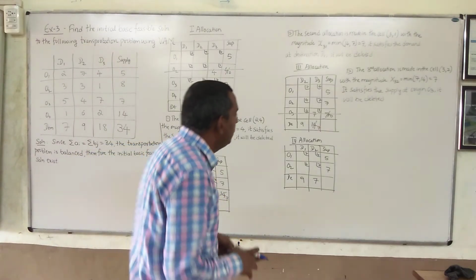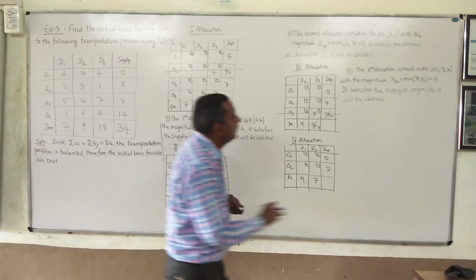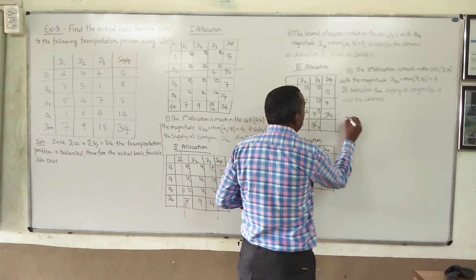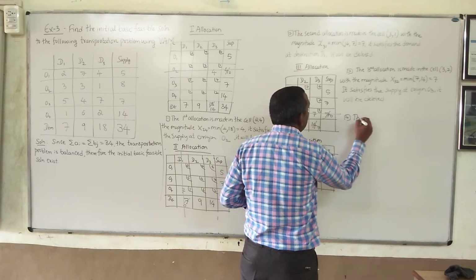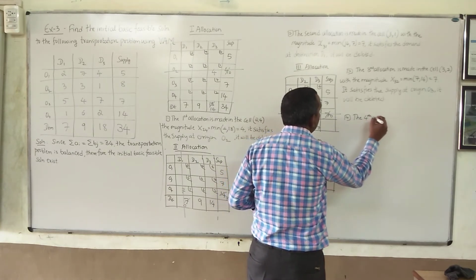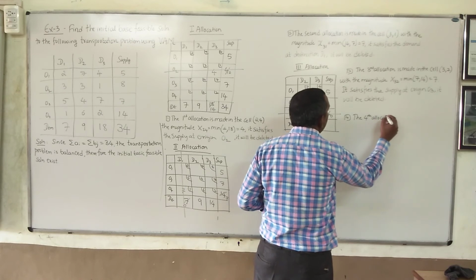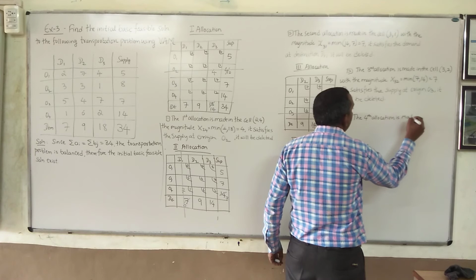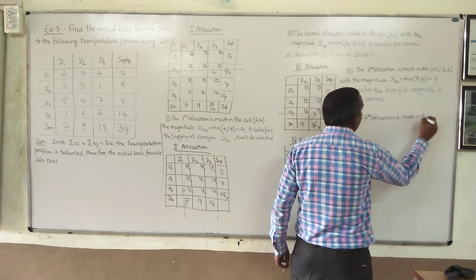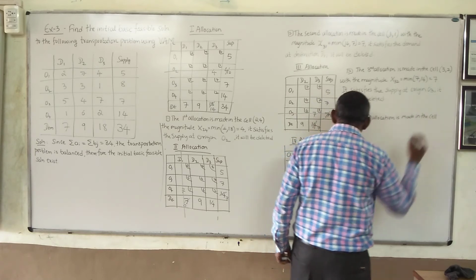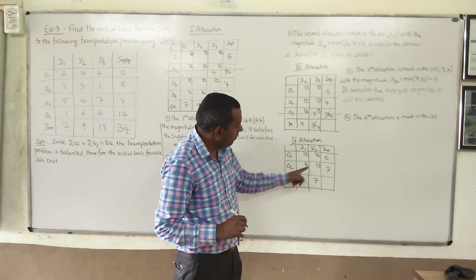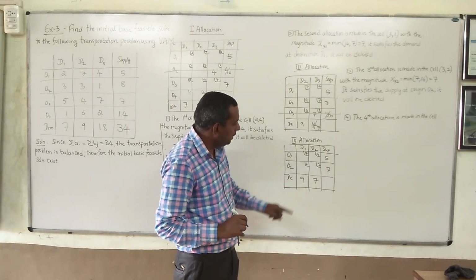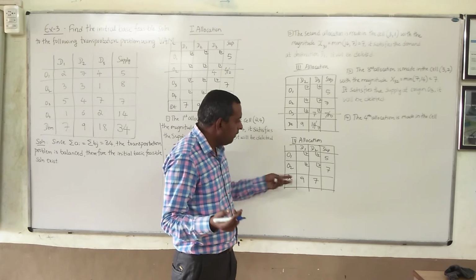So continuing with this one, find the fourth one. The fourth allocation is made in the cell. So which is the minimum? 4 and 4 are the two minimums here. Choose any value arbitrarily.